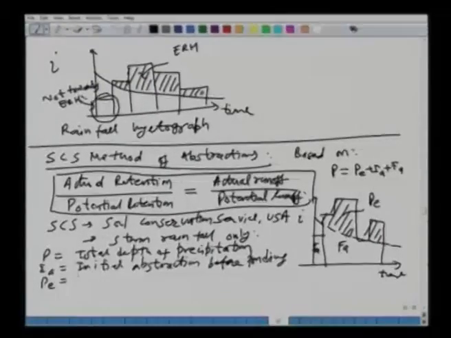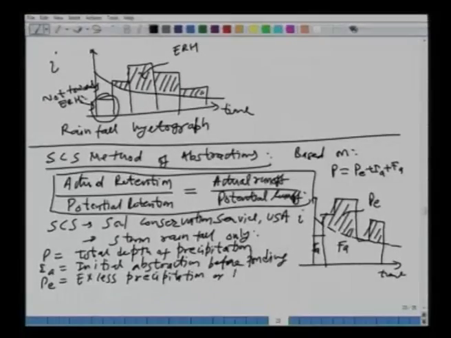PE is the excess precipitation or effective rainfall, commonly known as direct runoff. What is excess rainfall or effective precipitation? That actually runs off, because all the requirements of the storage in the catchment below the ground have been satisfied.